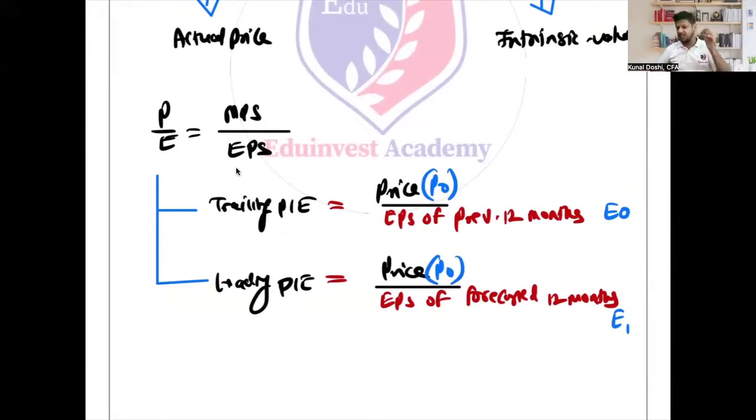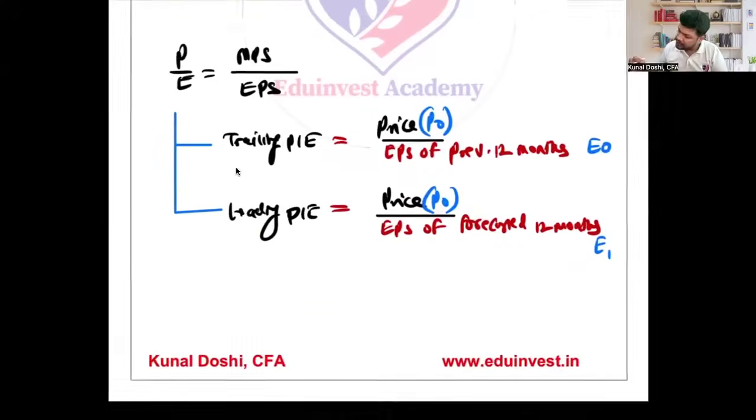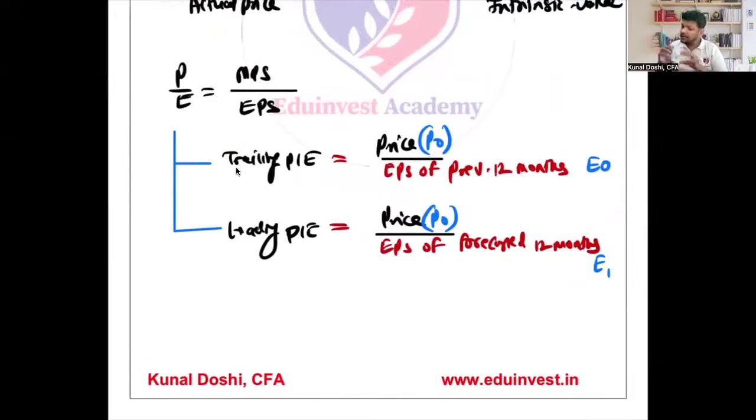Everyone with me? Check. Correct. Tell me one thing, which earnings will be higher, current year earnings or next year earnings? Next year's earnings will be higher, isn't it? Since next year earnings are going to be higher, the leading PE ratio will always be smaller than the trailing PE ratio. Am I correct?